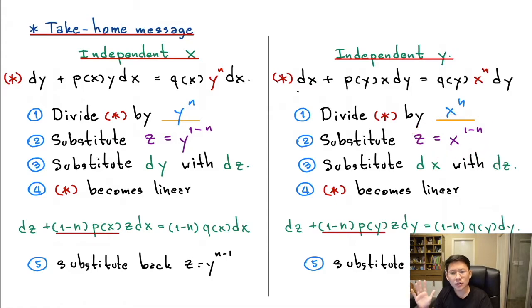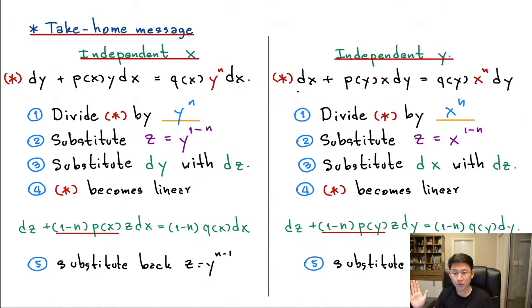You will see in the exercise, and it will become even clearer. And then we substitute dy with dz, dx with dz, and this equation becomes linear. Okay, and then we have this, right? We can get the integrating factor, and then we get the solution, then we substitute back.